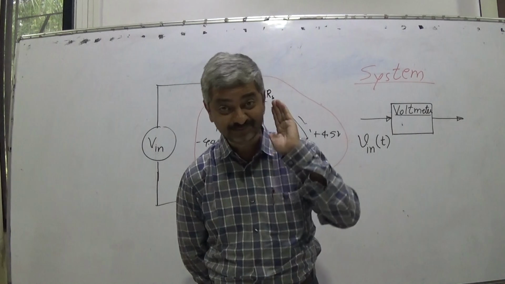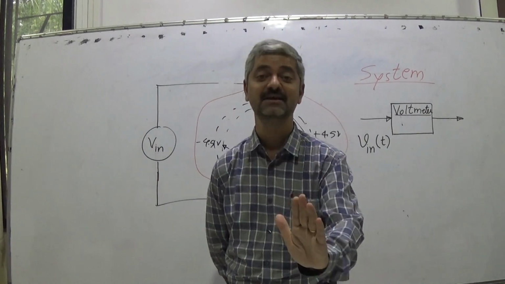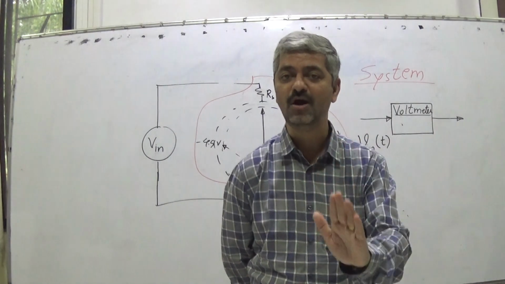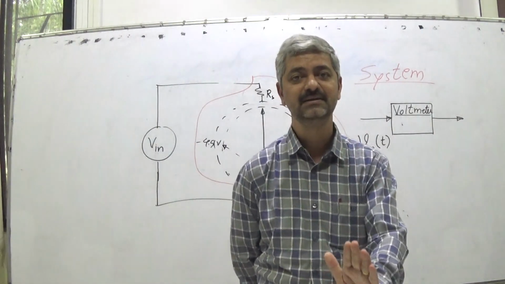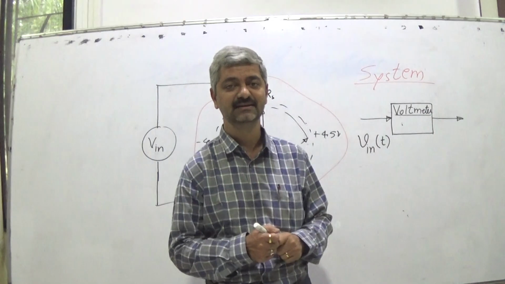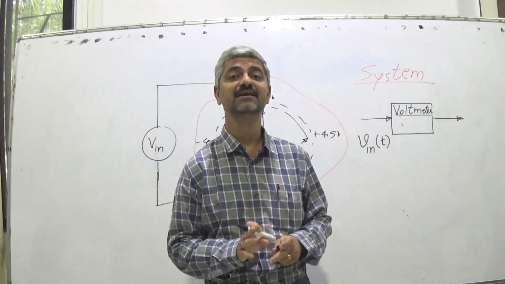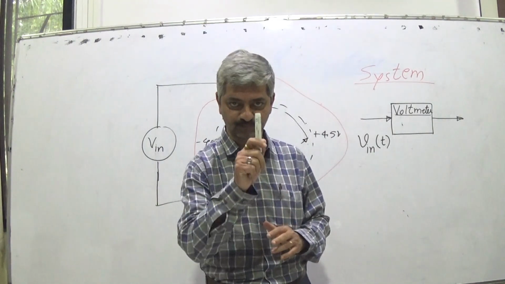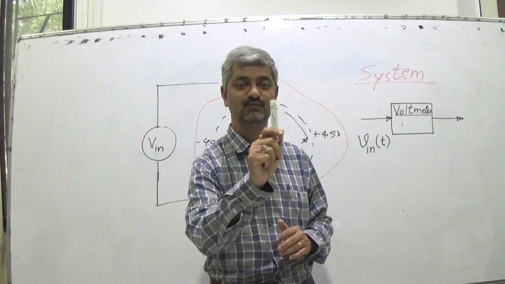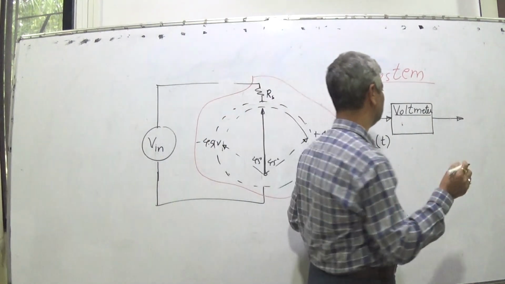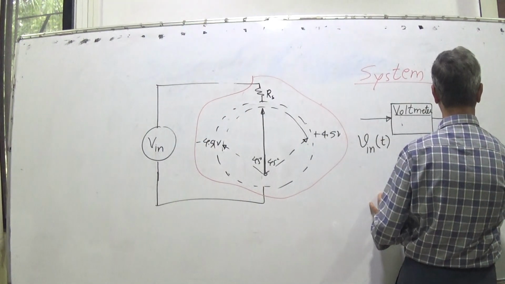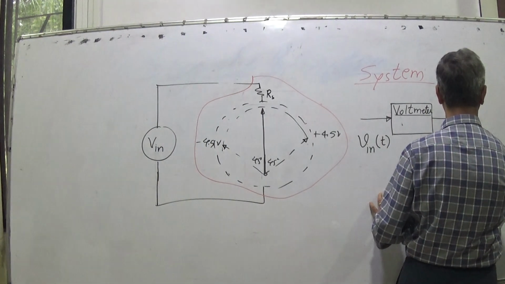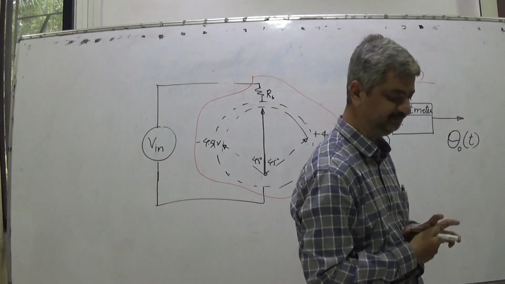So what is the output of a moving coil voltmeter? It is the angle of deflection. That is the angle which the pointer makes with its rest position. So that I define as theta O(t).